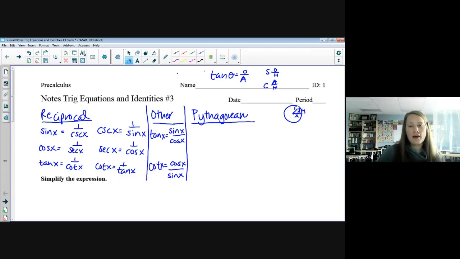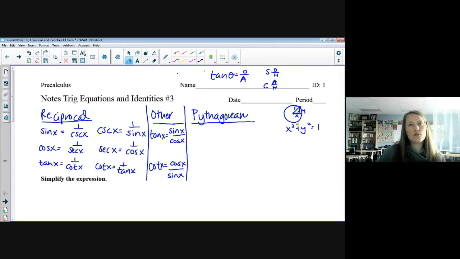If we think about where this ordered pair would be, the X is the cosine and the Y is the sine. So we could use this and write it using the Pythagorean theorem. X squared plus Y squared is equal to 1. Well, x is cosine and y is sine.